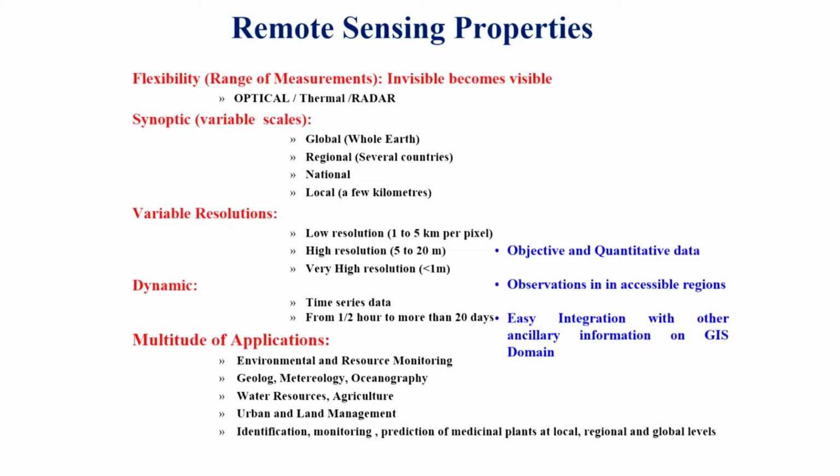It can cater to a multitude of applications, specifically in your case vegetation identification, monitoring, and prediction of these plants at local, regional and global levels. Remote sensing data is objective and quantitative in nature, allows observation in inaccessible areas, and integrates easily with other sources like a geographic information system, so it can be utilized for better decision making, planning and conservation purposes.